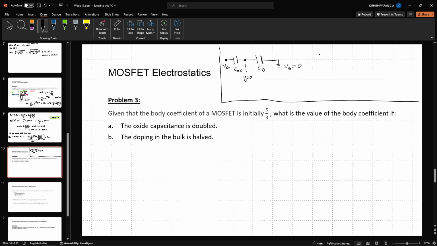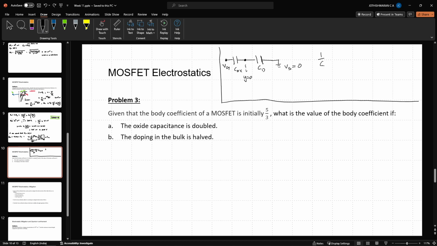Therefore, the total capacitance for two capacitances in series is going to be, so C total, or let me call it the gate capacitance, Cg. So that is going to be 1 by Cg.